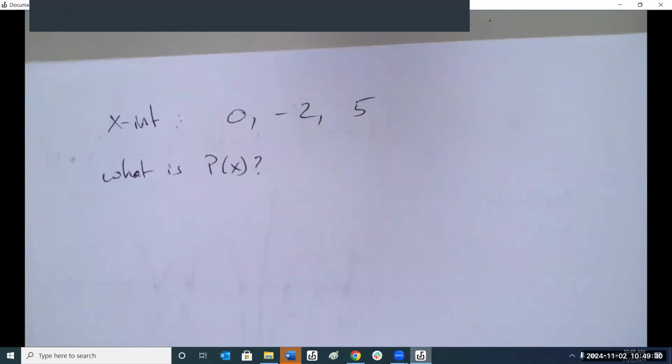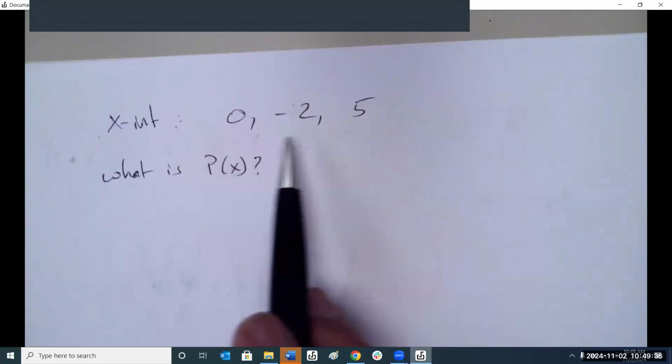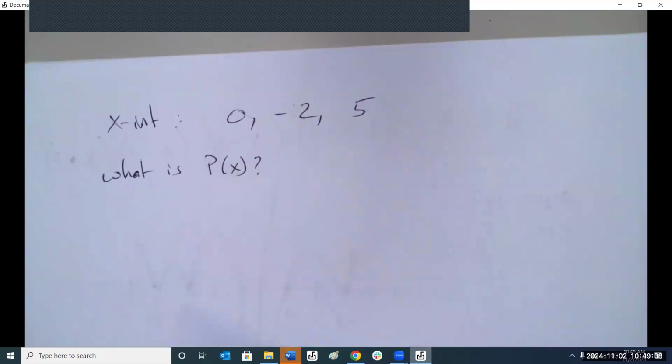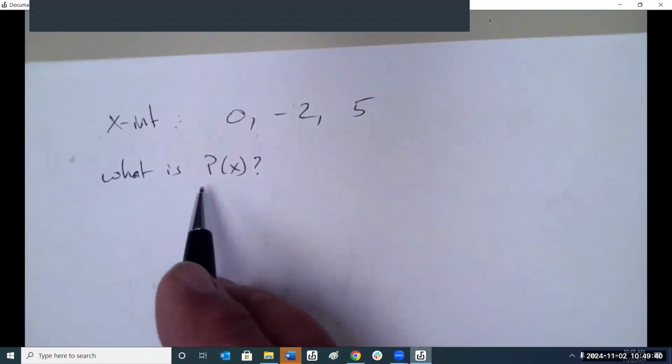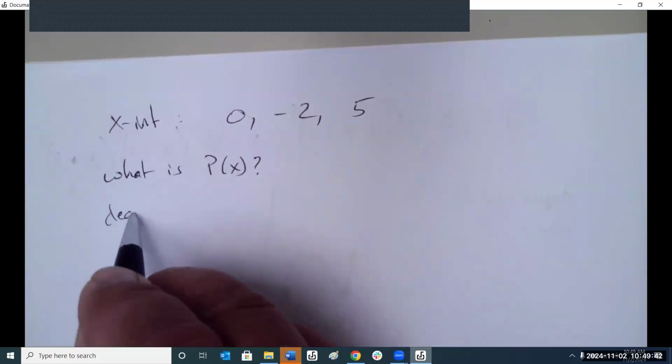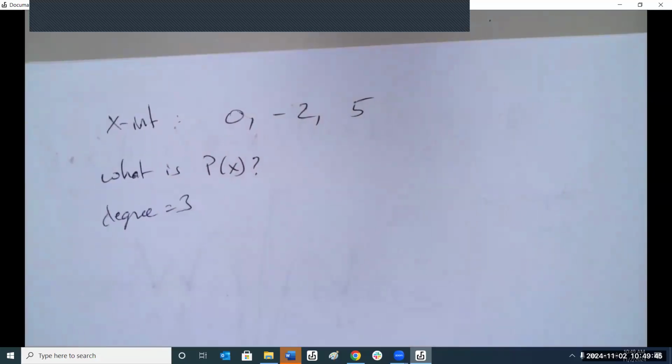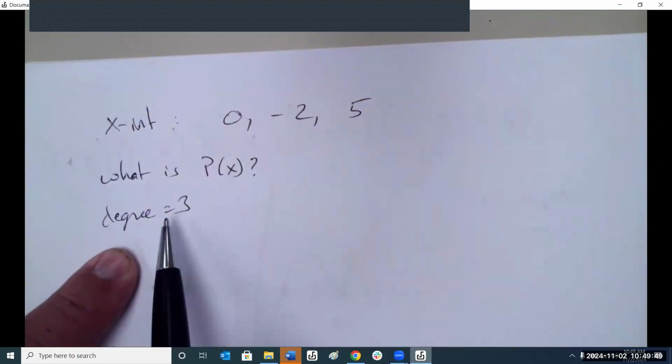The degree tells us what? The degree tells us the number of solutions. How many solutions do we have? So we know that our polynomial has to be degree 3.